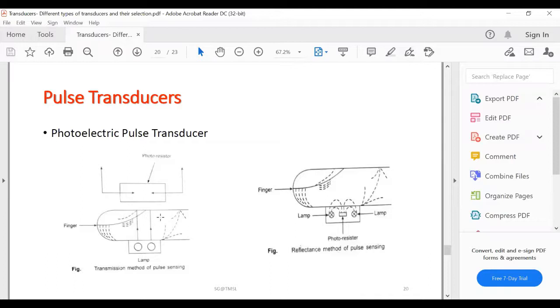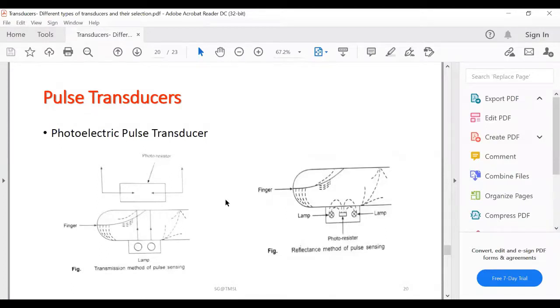The photoresistor is part of a voltage divider circuit, which produces a voltage, and this voltage varies with the amount of blood in the finger. This voltage follows the pulse pressure, and its wave shape can be recorded or displayed on an oscilloscope.